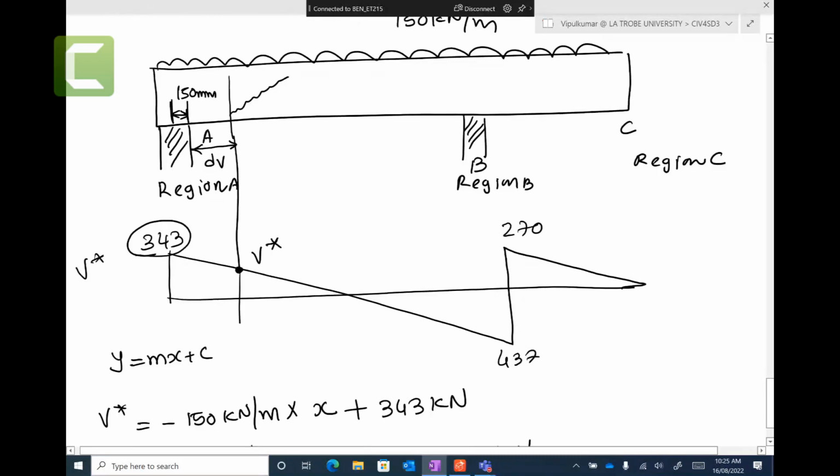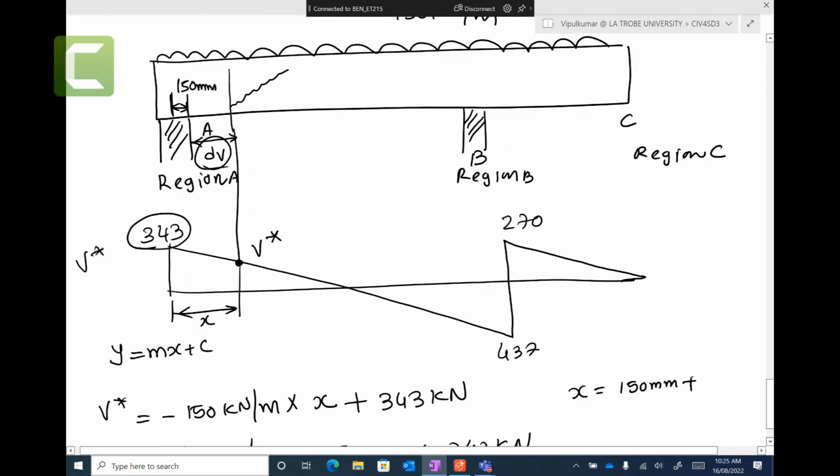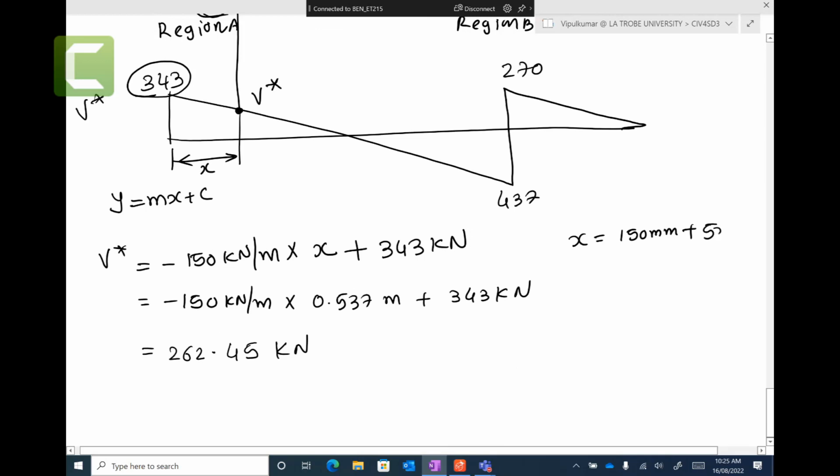So this x distance needs to be slightly changed, because x equals 150 millimeters plus the dv, which is 537 millimeters. So 537 plus 150, you get 687 millimeters.